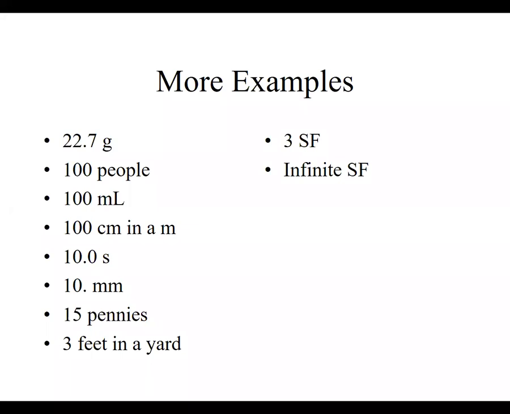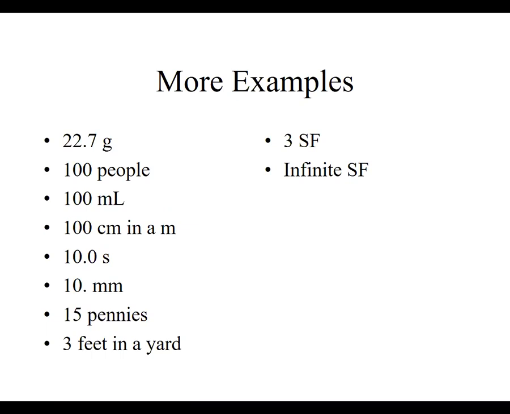Now notice the next one, I get the very same number, 100, with no decimal point. But this time the context in which it arises is different. Now, instead of a number of people, we're talking about a number of milliliters. But you don't count milliliters, you measure them. The measurement of milliliters can be a fraction.